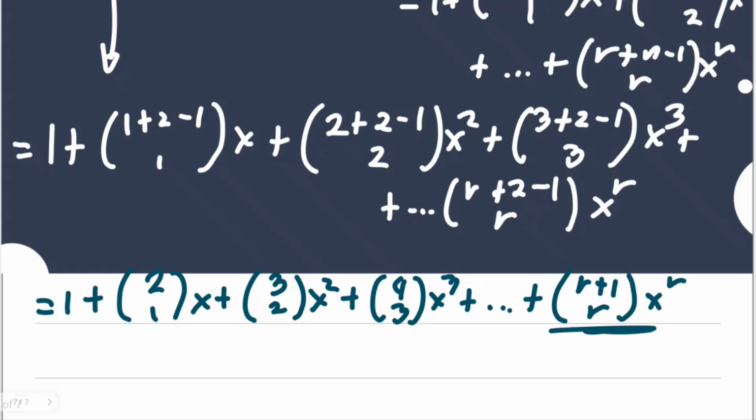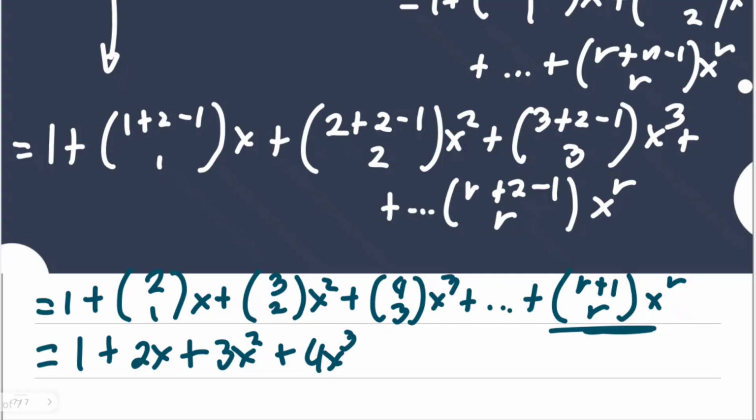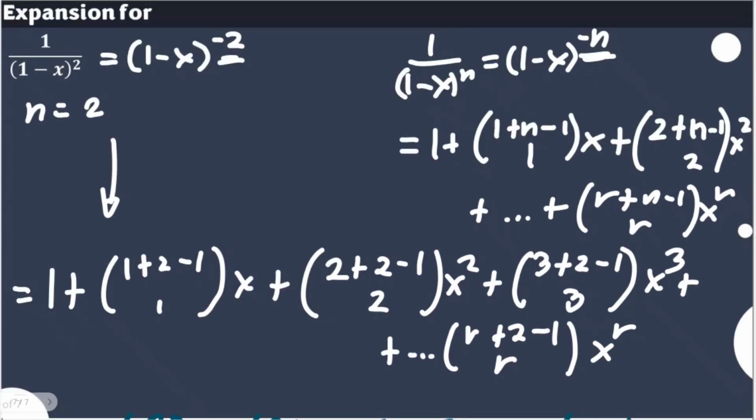We don't know that yet because the expansion extends infinitely, but we can simplify these first portions here. 1 plus, take note that 2 combination 1 is just equal to 2x, plus 3 combination 2 is actually 3x squared, plus 4 combination 3 is actually 4x cubed, and then plus, again, if you reach here, r plus 1 combination r x to the power of r. This is the expansion of this form.